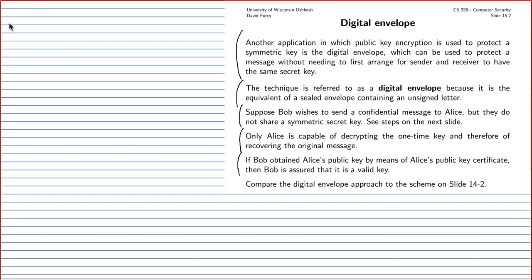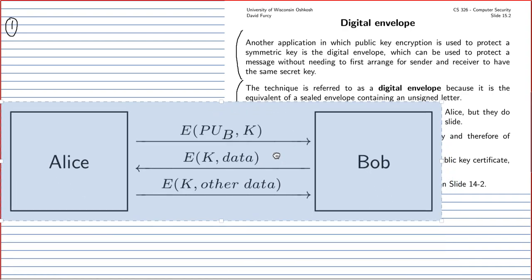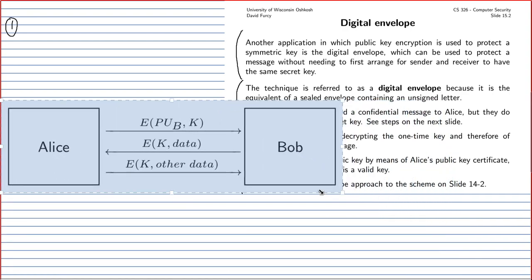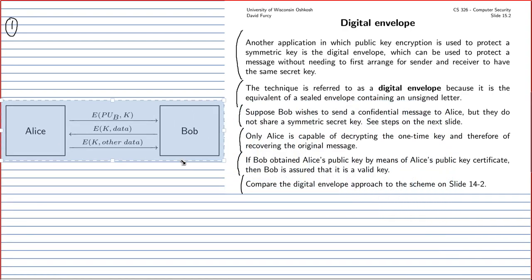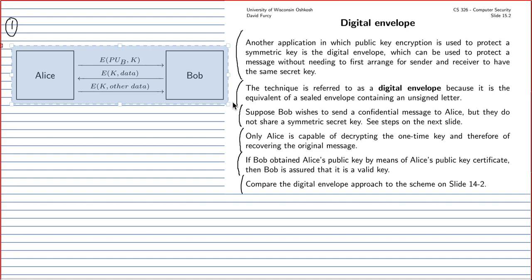So the first thing I want to do here is to compare the digital envelope mechanism to a previous protocol that we discussed, I think, in a previous lecture, and it was this protocol displayed in this picture here. So let's compare this protocol with this digital envelope mechanism.